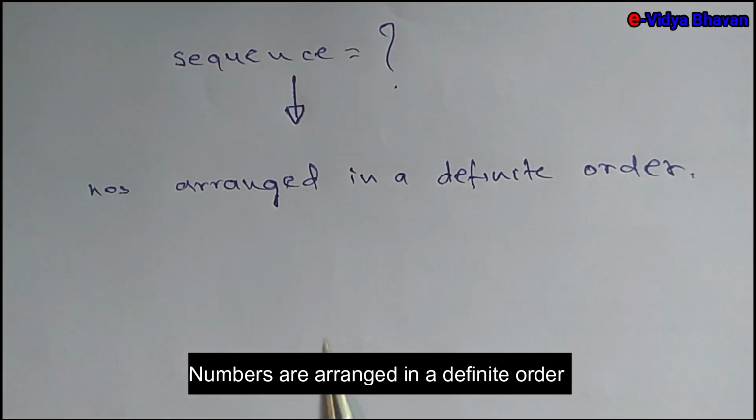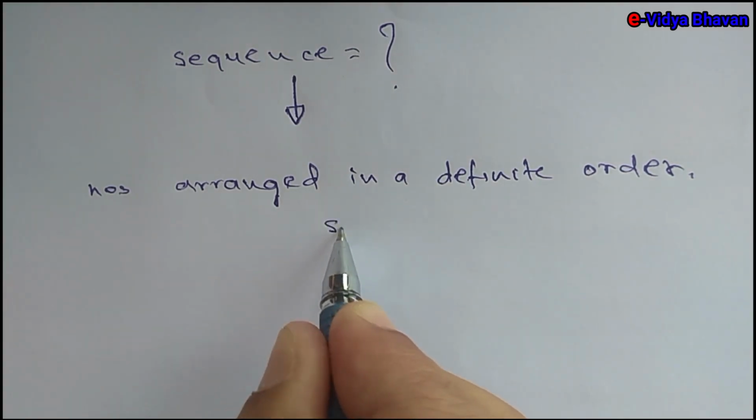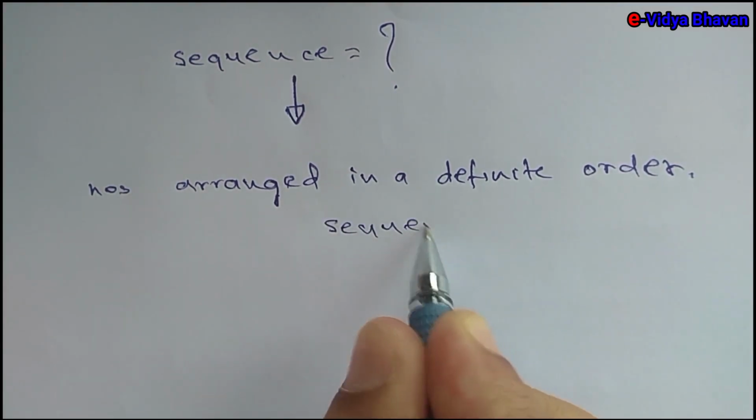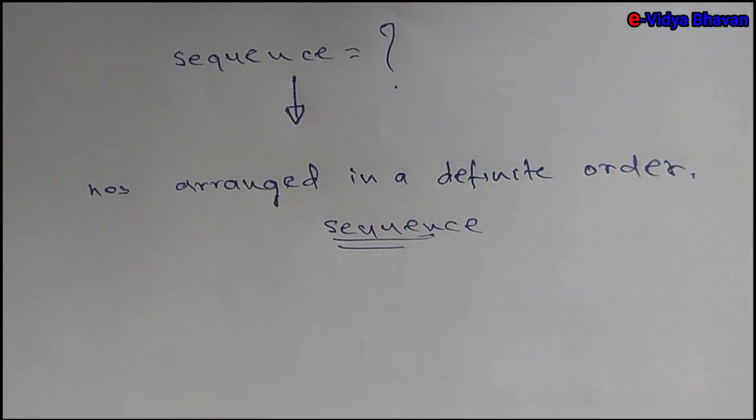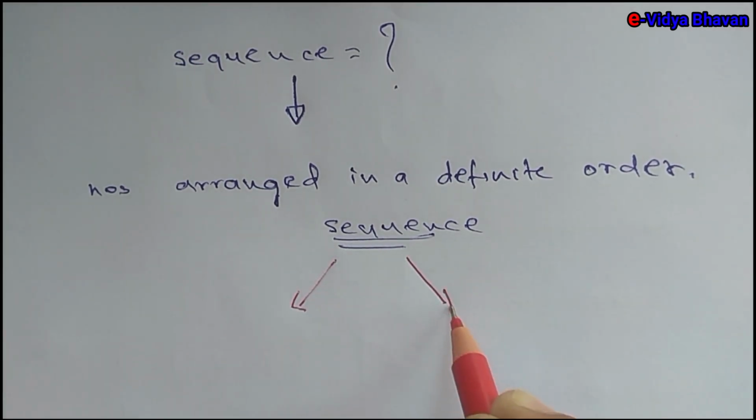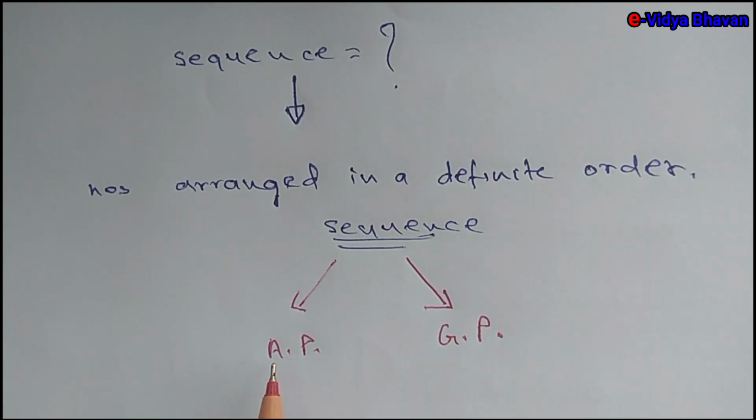Now this sequence can be further classified into two parts: AP and GP, arithmetic progression and geometric progression.